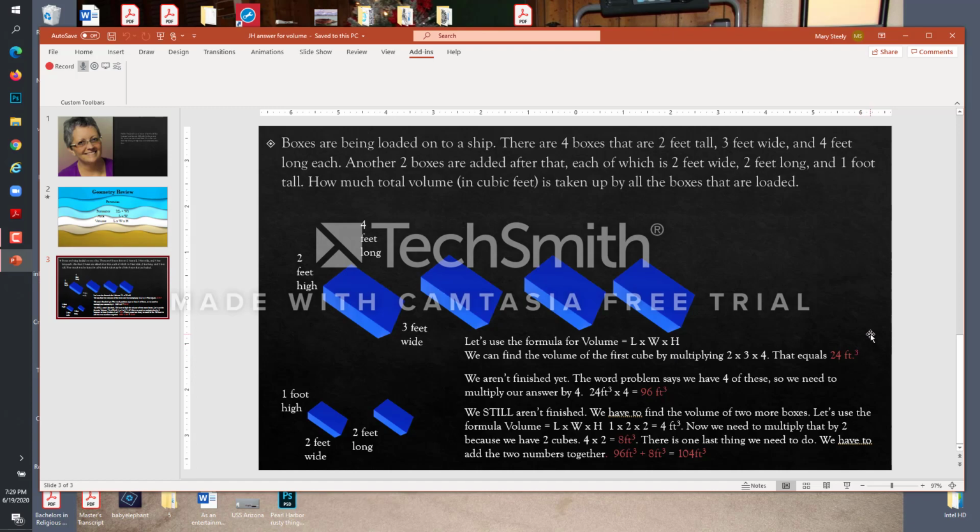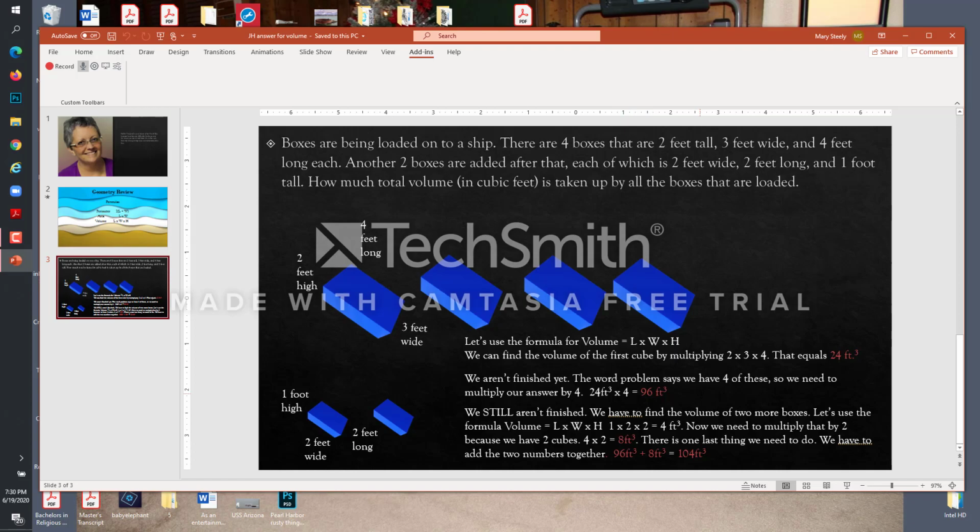That means you're talking about length, width, and height. It's called cubed, in cubic feet. Okay, but we're not finished, because that was just for 1 box. Now, the word problem says we have 4 of these, so we need to multiply our answer by 4. So 24 feet cubed times 4 gives you the answer of 96 feet cubed.